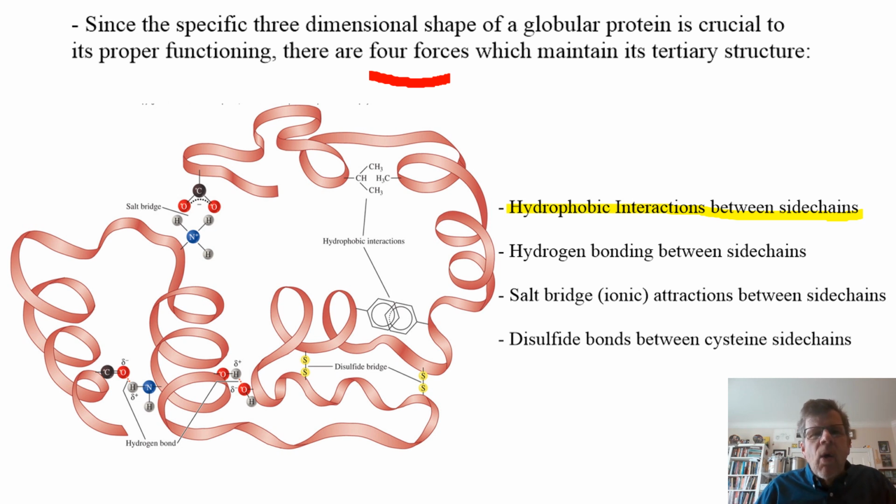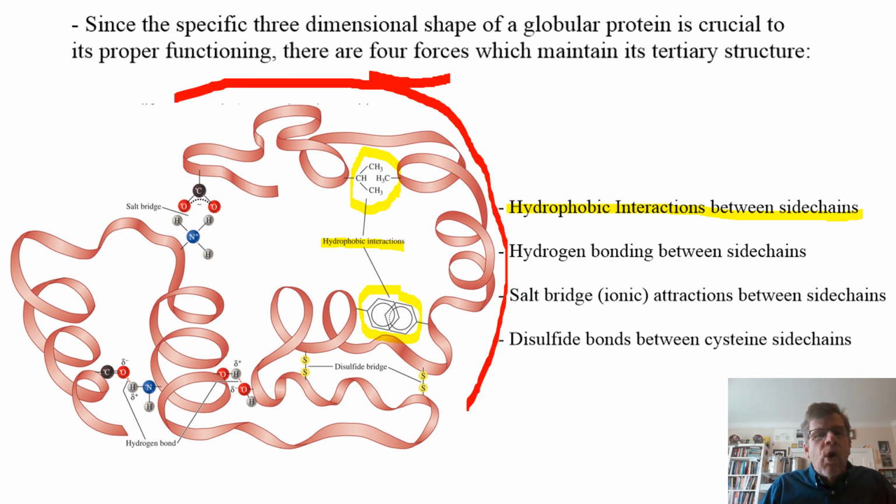If you look over on the structure, hydrophobic interactions essentially mean interactions between hydrocarbon side chains. Here's perhaps a side chain of an alanine and a valine amino acid. Here is a couple of aromatic rings, perhaps from a couple of phenylalanines. Now, these associate strongly together because in the environment around a protein, that's all water.